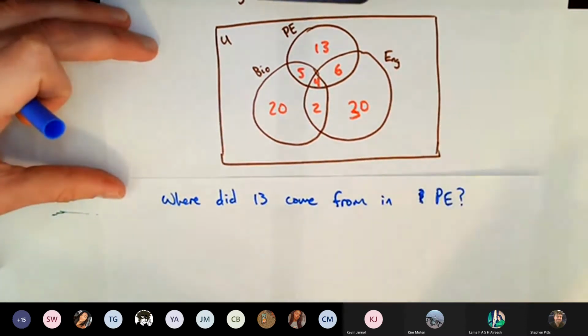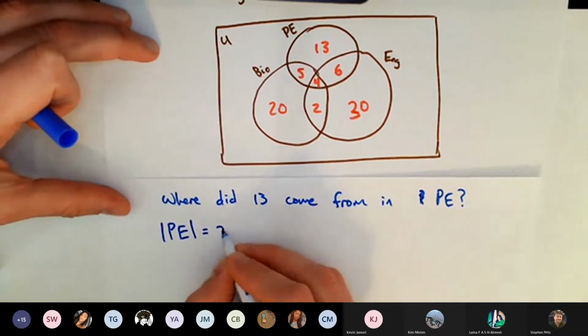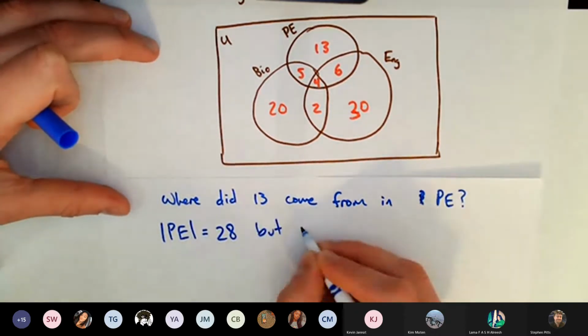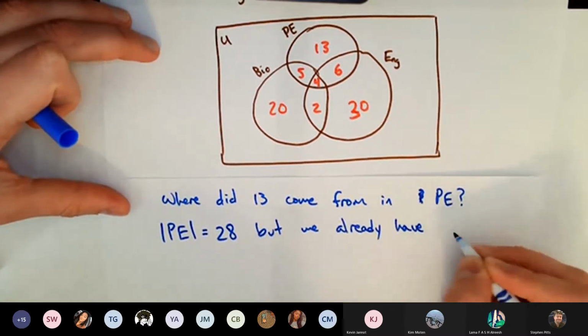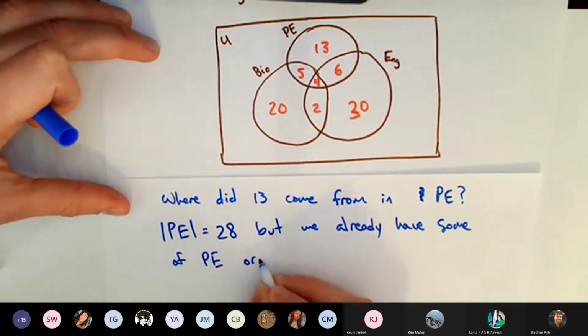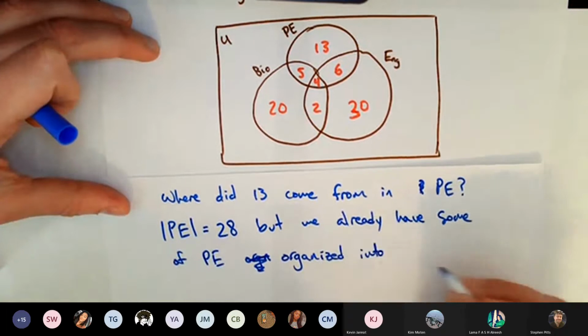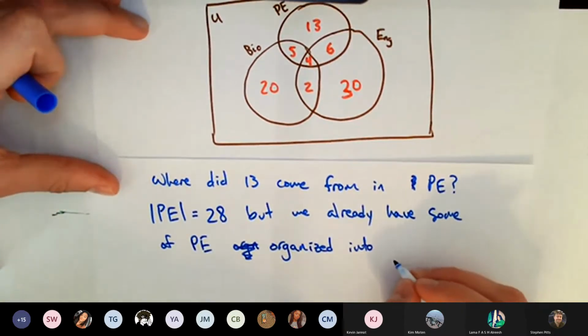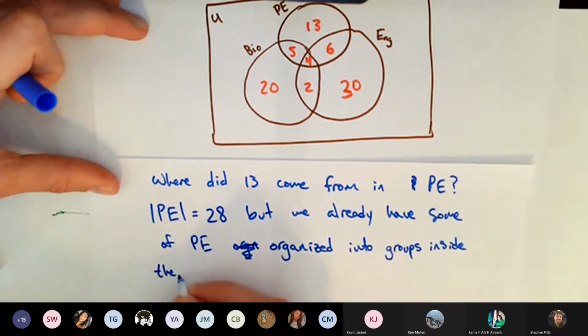Just to make it very clear, the cardinality of the set PE should be 28, but we already have some of PE organized into groups inside the set PE.